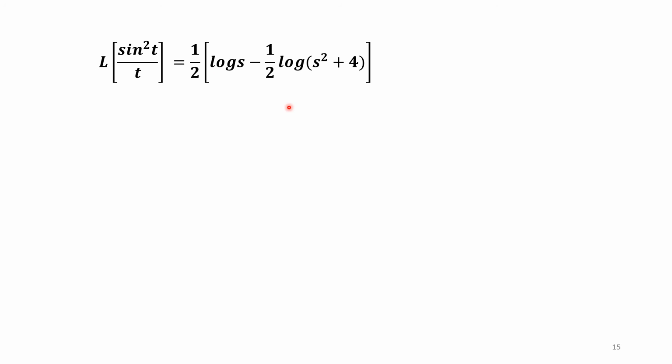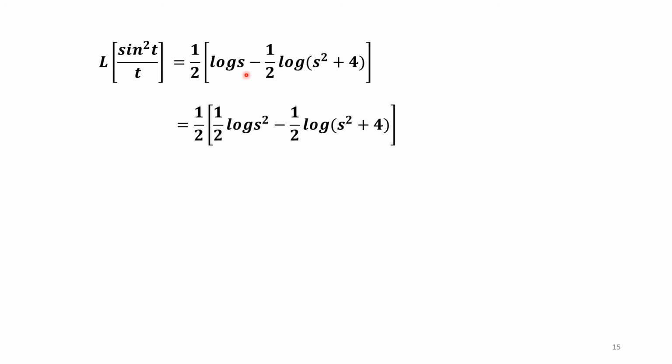This half is already common. 1 by s integration is log s and s upon s square plus 4 integration is half log of s square plus 4. We want to combine these because we have to apply the limits s to infinity, so we should have a common coefficient for the log function. So writing this as half log s square minus half log of s square plus 4.